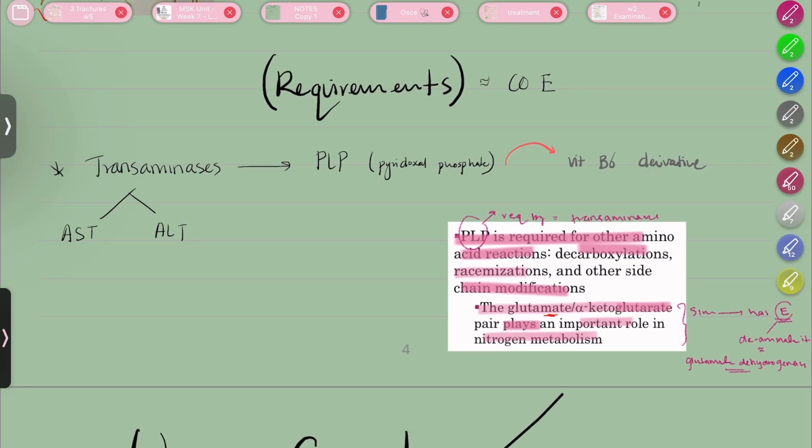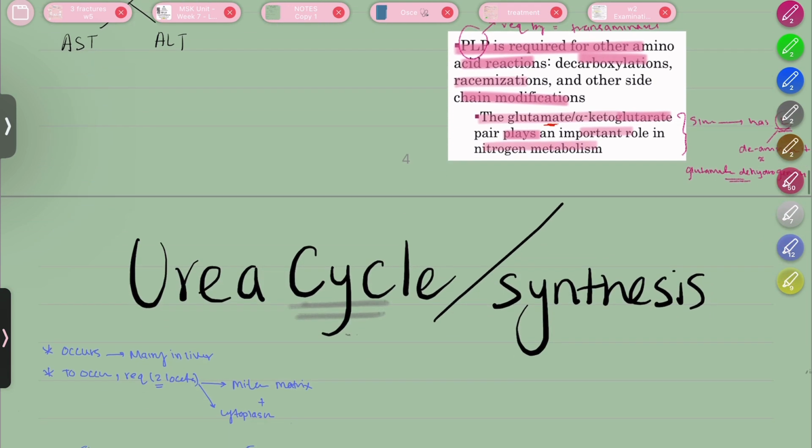Very important to know, and not only in this pathway, but even other metabolic pathways, you need to know the certain coenzymes and the required prosthetic groups for each enzyme.